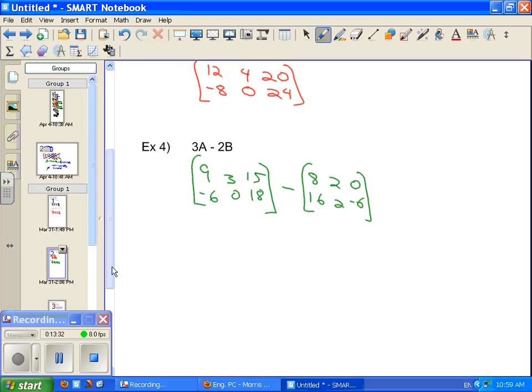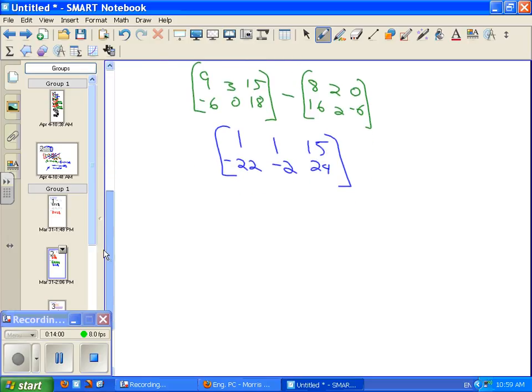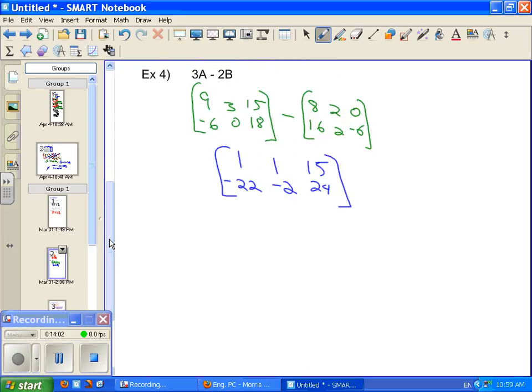So 9 minus 8 is 1, 3 minus 2 is 1, 15 minus 0 is 15. -6 minus 16 is -22. 0 minus 2 is -2. 18 minus -6 is 24. Easy enough?